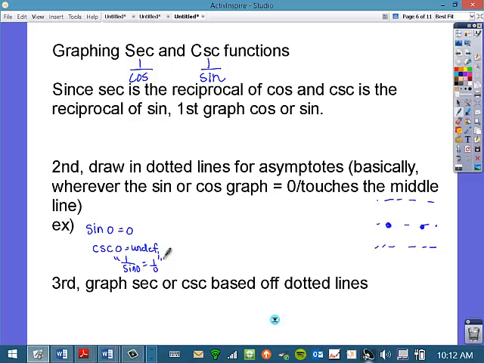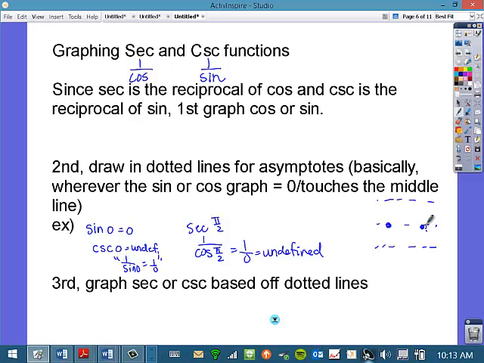So for cosecant of 0, you're going to have an asymptote, or secant of pi over 2, since secant is 1 over cosine. Cosine of pi over 2 is 0, so this would be undefined. So you have to check for where your function would be undefined and draw asymptotes. Basically, it's wherever the sine or cosine function touches that middle line.